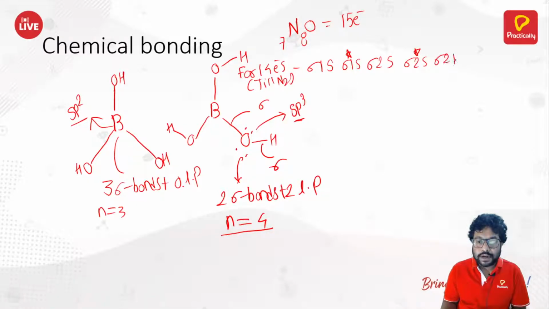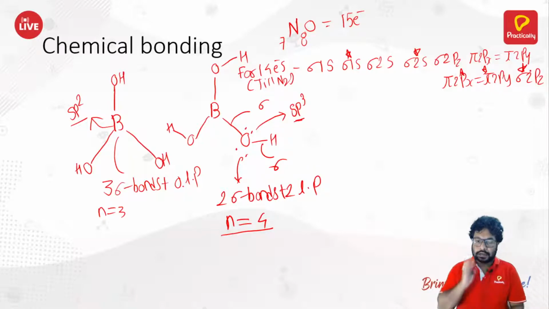You have sigma 2pz, pi 2px is equal to pi 2py. Then you have pi 2px star is equal to pi 2py star, and lastly you have sigma 2pz star, right? That is the order till nitrogen.